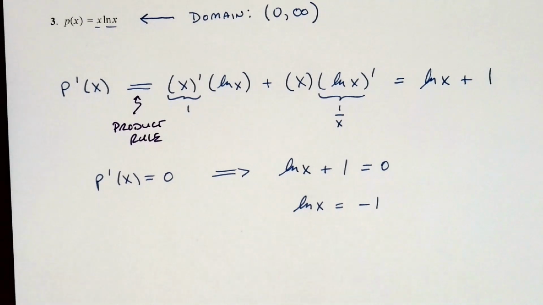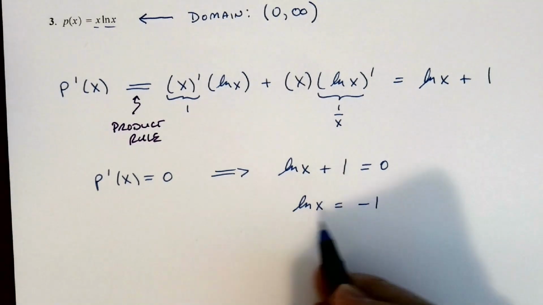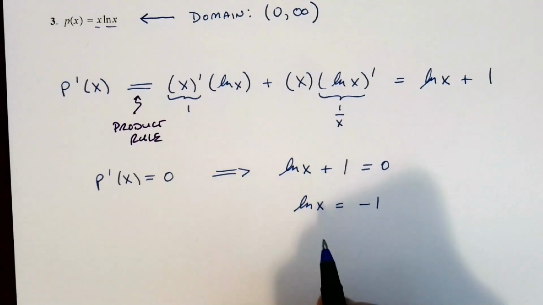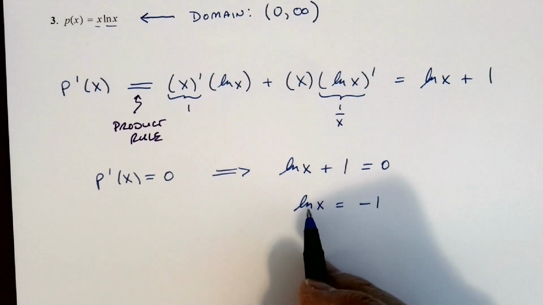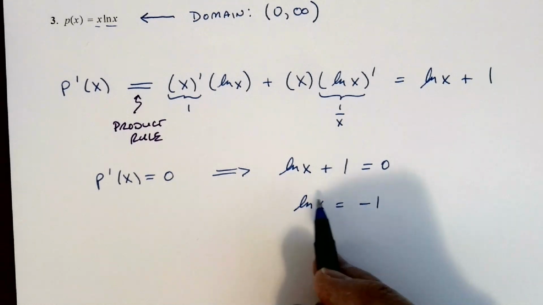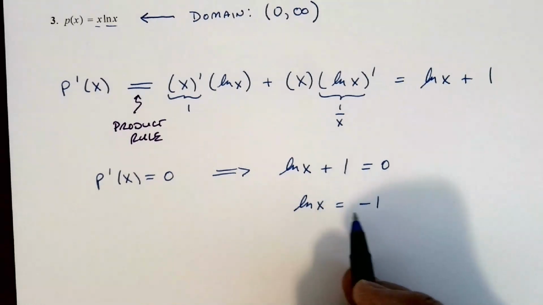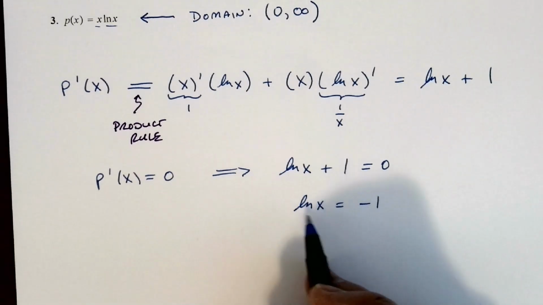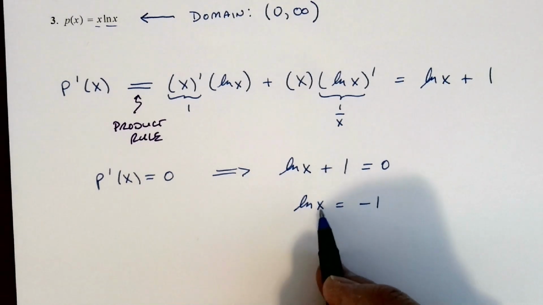Well, in this case, we can just rewrite this logarithmic equation in its exponential form. Remember, what is a logarithm? It's an exponent. It's a power. It's the power on the base, right? So negative 1 is the power on the base here. What's the base in this case? Natural log. It's the base e needed to get x.